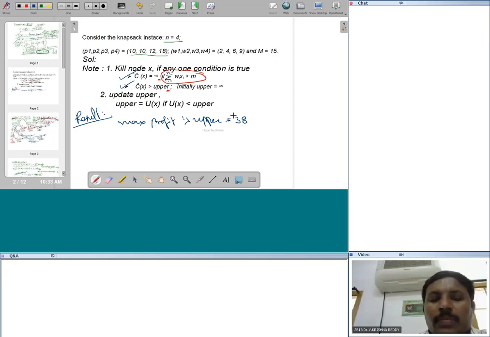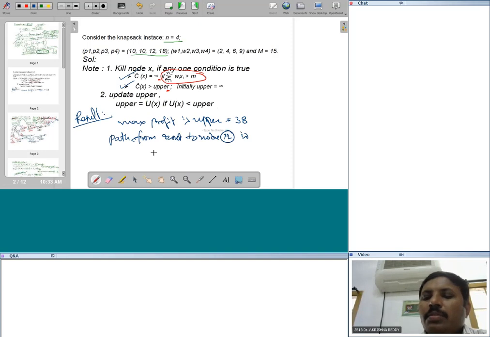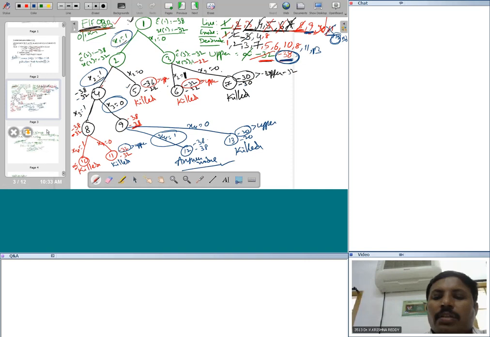But what is the sequence of objects? The answer node is the path from the root node to node 12. What is the path from the root node to 12? This is the path. How do you travel up to node 12?